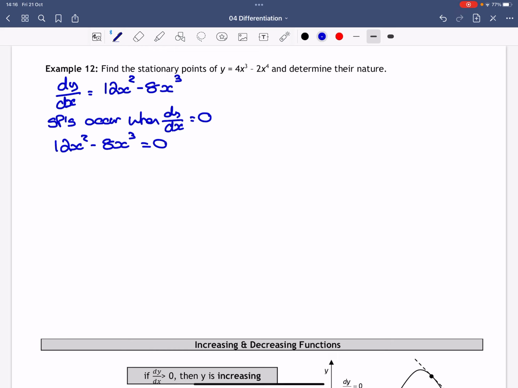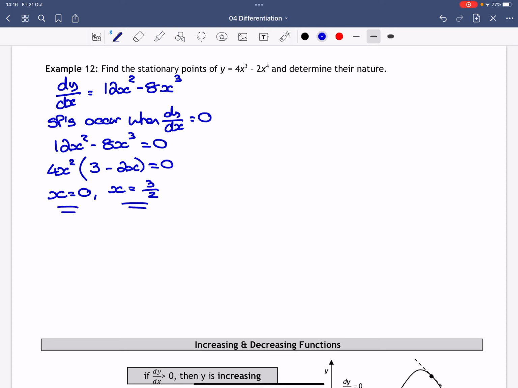Okay, so let's factorise. Let's take out a common factor of 4x squared. So that will be, in brackets, 3 minus 2x is equal to 0. So that gives us x is equal to 0, or x is equal to 3 over 2.